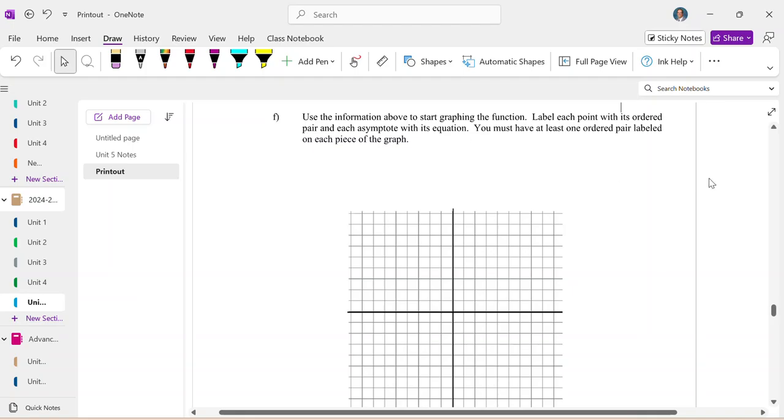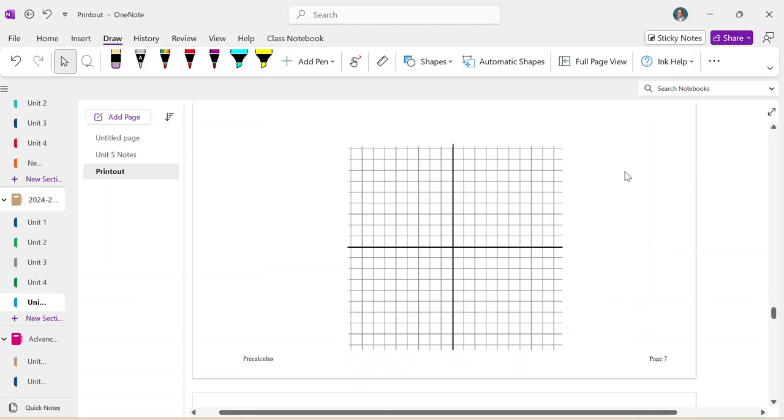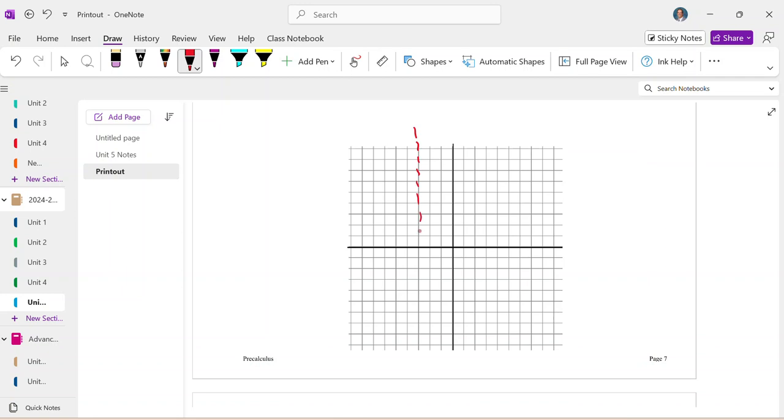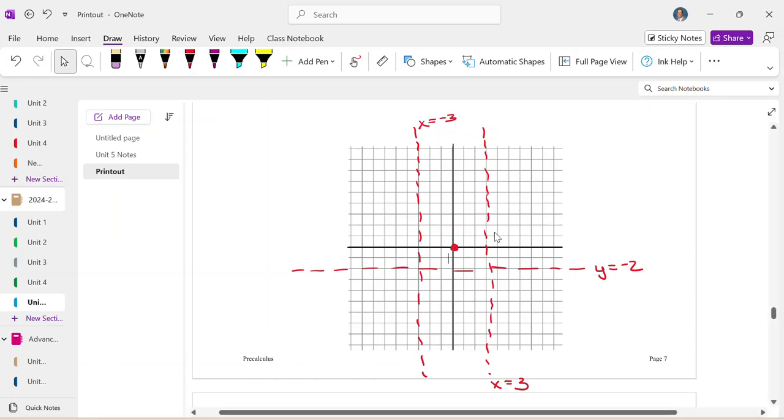So we're going to use the information above. We had vertical asymptotes at -3 and 3, a horizontal asymptote at y equals -2, and the x and y-intercept at (0, 0).